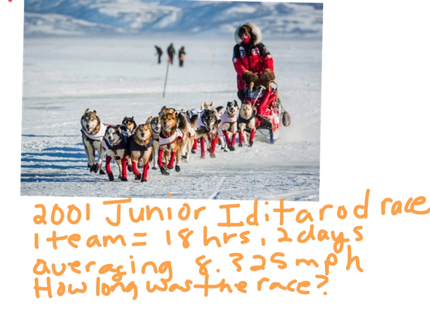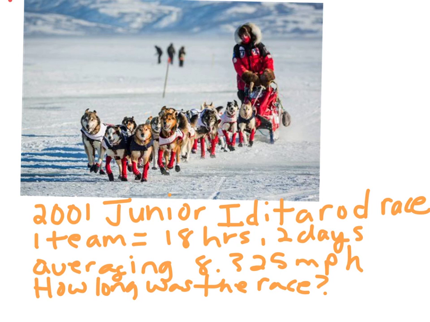So let's look at solving a problem using decimals, and this is a picture of the Iditarod, and this is the junior race. And let's say that you had one team and they went for 18 hours. They did it over a 2 day time period. They averaged 8.325 miles per hour.